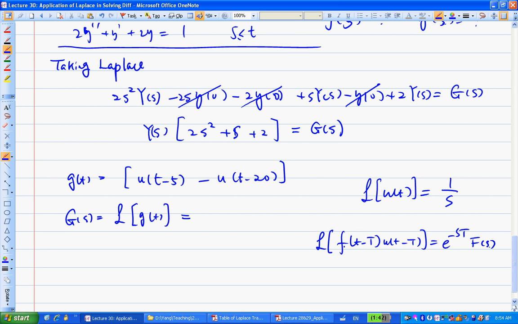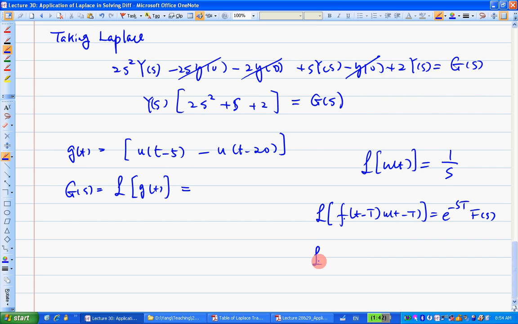Now you may think this is f of t minus T times u of t minus T, and they're different, right? But what we're doing is we're trying to find u of t minus 5. So actually, u of t minus 5 multiplied by u of t minus 5, they're the same thing, right? This is basically u of t minus 5. So what's the Laplace transform of u of t minus 5?